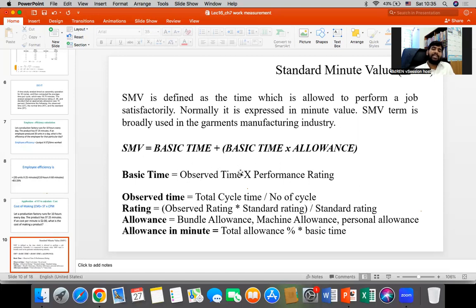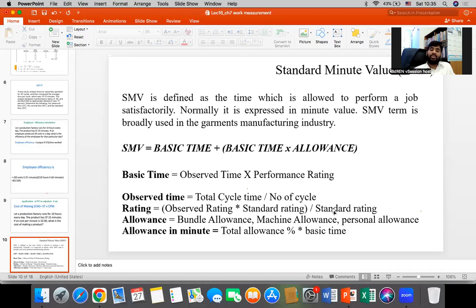This type of rating is usually used by the operations manager. There are a lot of ways of calculating the observed rating. However, it is based on several factors. Several factors means, for example, how workaholic you are, how serious you are in your job.